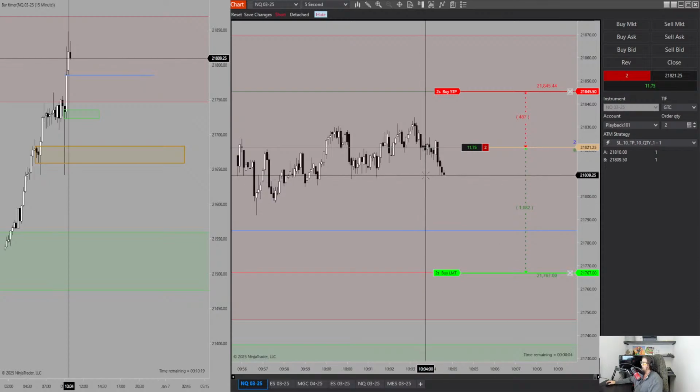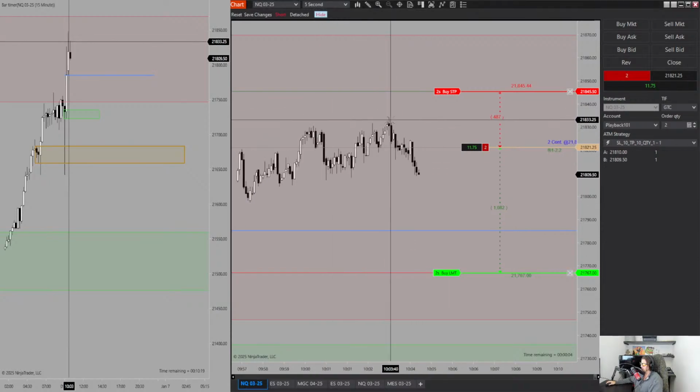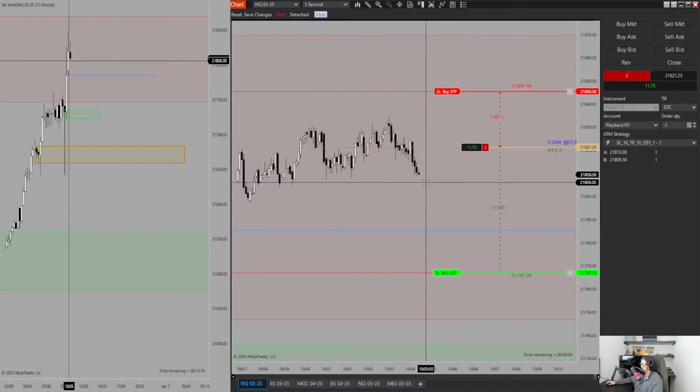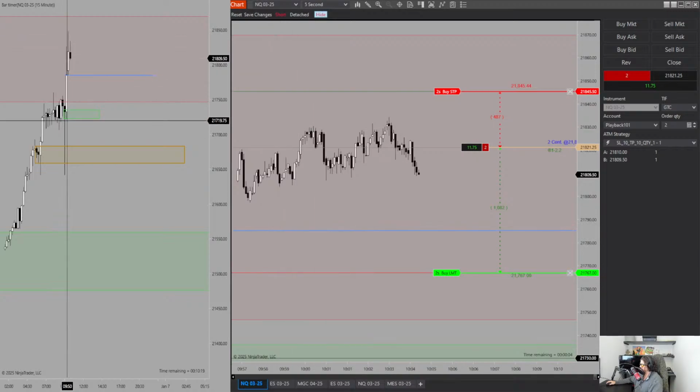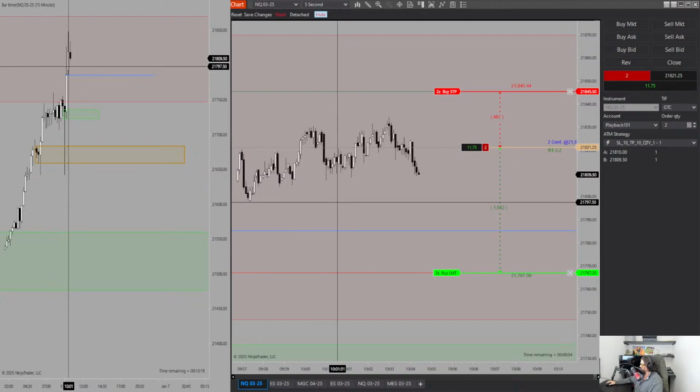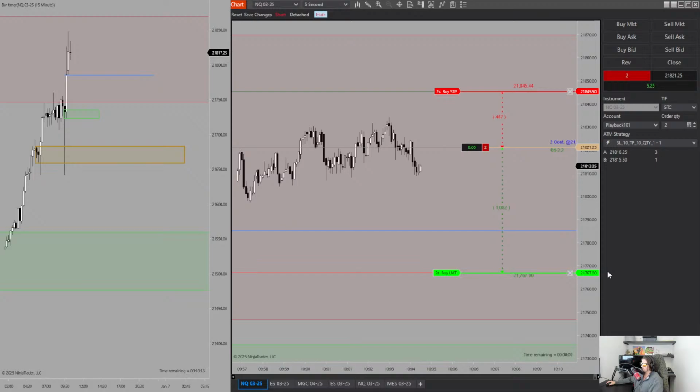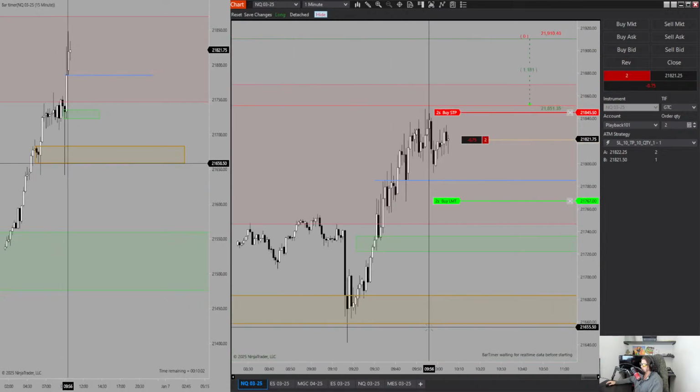Alright, so it's already 12 points. So just think about how we manage this now. No need to move my stop yet. So on a 1 minute, what does this look like here?